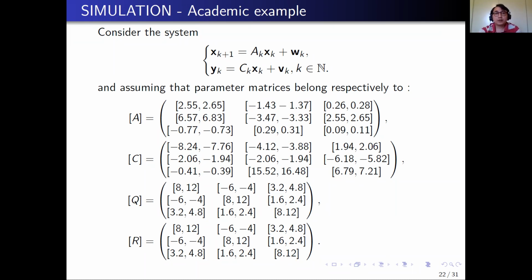Each of its components corresponds to one state in consideration of the system. So in this system, we have 3 states, x1, x2, and x3.